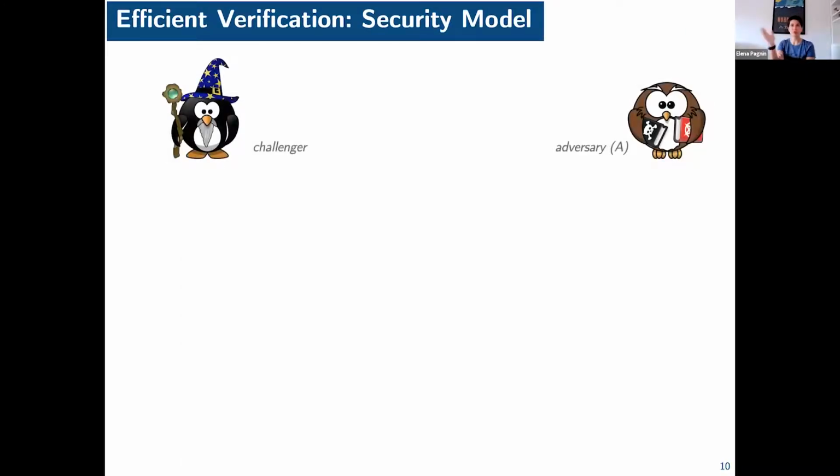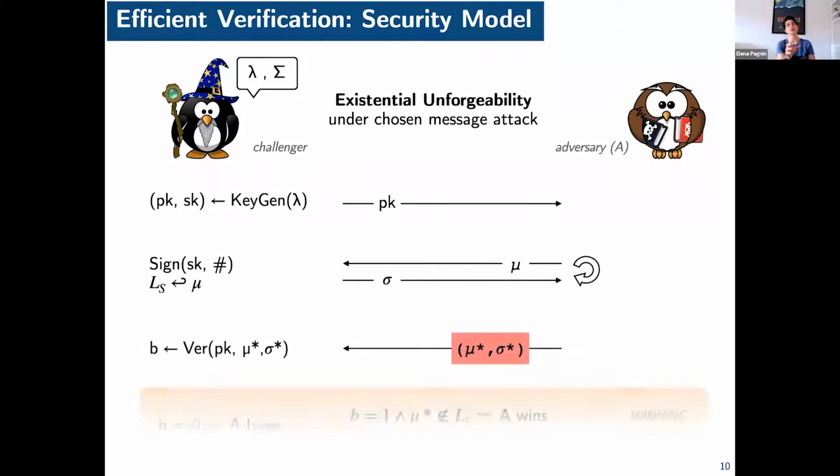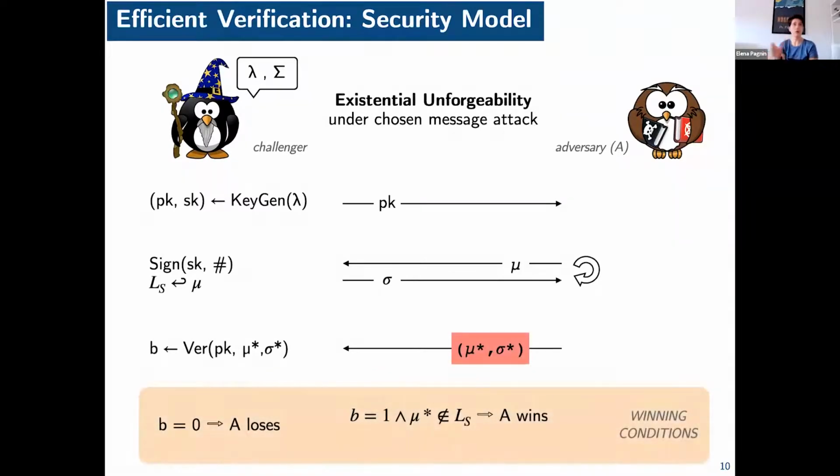We're going to have a challenger and an adversary. Existential unforgeability under chosen message attack is the standard security notion for digital signatures, and it's basically the following. The challenger, which knows the security parameter lambda and the digital signature scheme sigma, will sample a pair of keys. So it runs the key generation algorithm and sends the public key to the adversary.